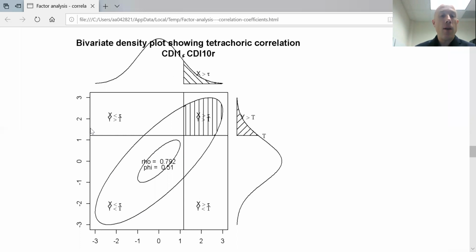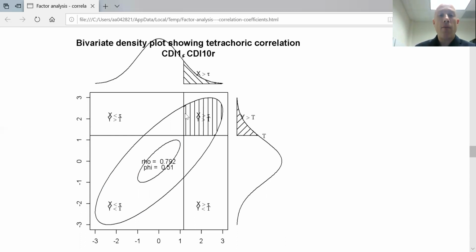If I look here, this axis corresponds to CDI10R. If the modeled normal distribution for CDI10R is greater than this point, we have a 1 in our data. If it's below this cut point, then we have a 0 in our data. Okay.